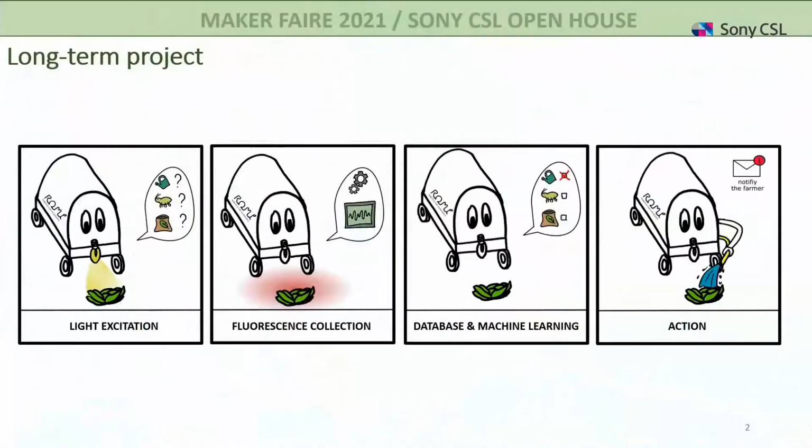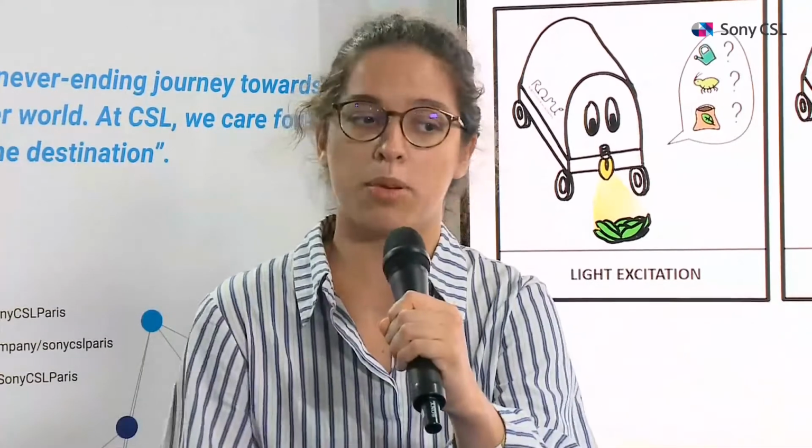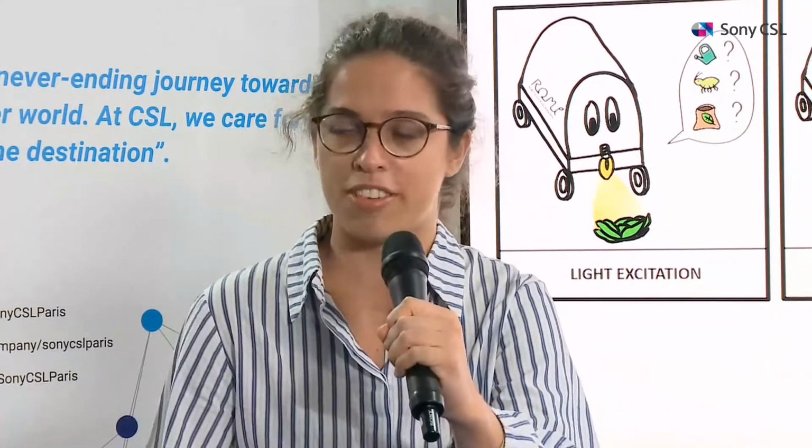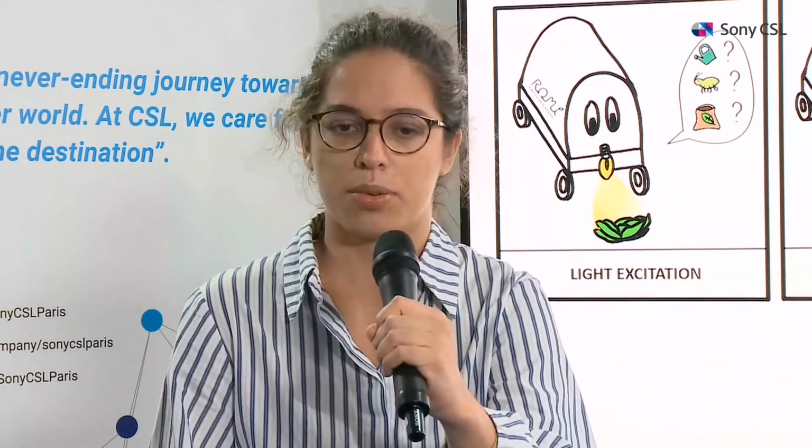The way it would work is that the robot sends light on the plants. Then the plant emits fluorescence, and collecting this information, the robot will compare it to a database and be able to do a status analysis. For example, say this plant needs water, or this plant is under pest attack, or this plant needs fertilizer. And maybe the robot will be able to act directly or tell the farmer that it's time to act.